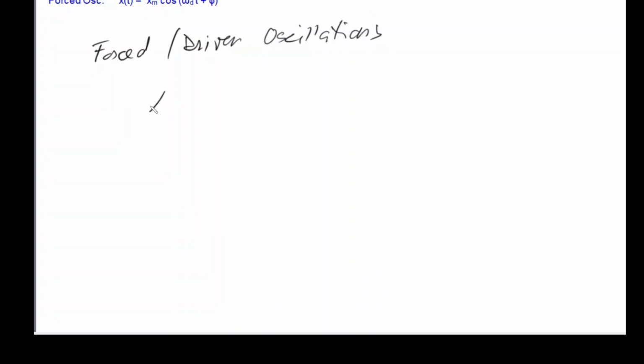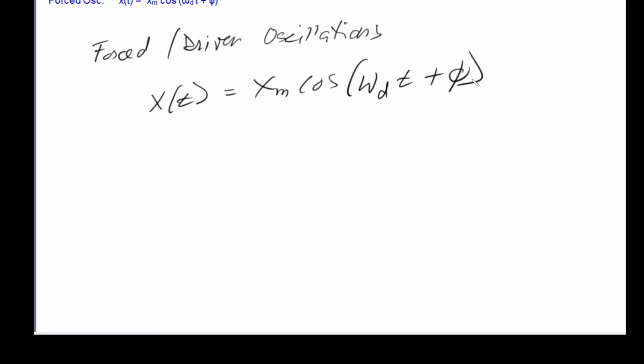In this case, our equation can be written as x of t is equal to xm cosine omega sub d times t plus phi. And omega sub d is the angular frequency of the external driving force.